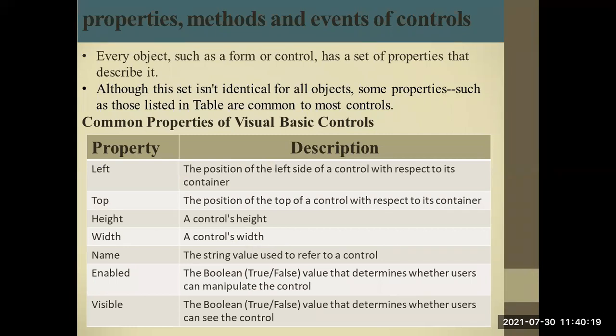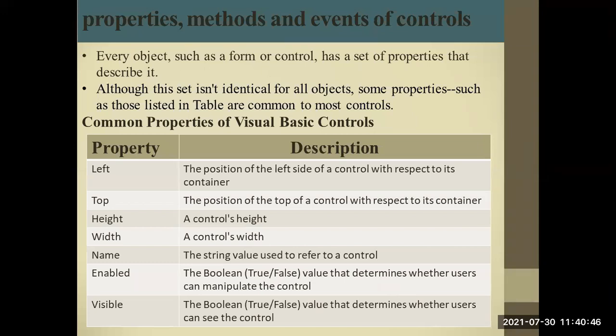Let us discuss what you understand by VB properties, methods, and event controls. As we know, every object, such as a form or control, has a set of properties that describe it.